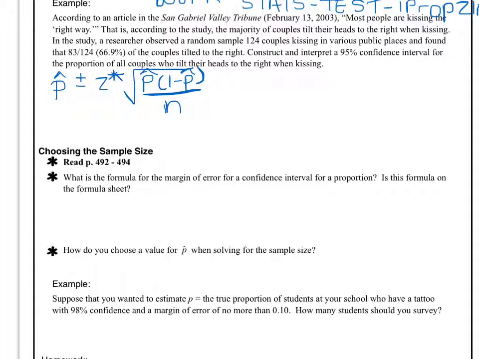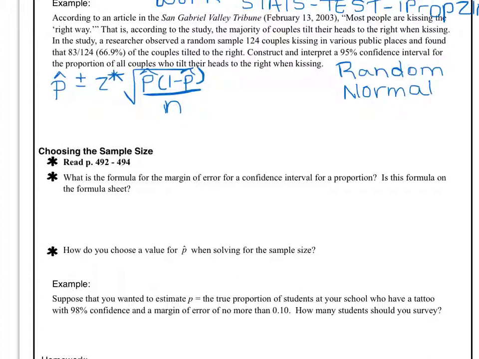We need to check our conditions. Remember that our 3 conditions are random. Okay, this is met because it says that the researcher observed a random sample. So random is met.